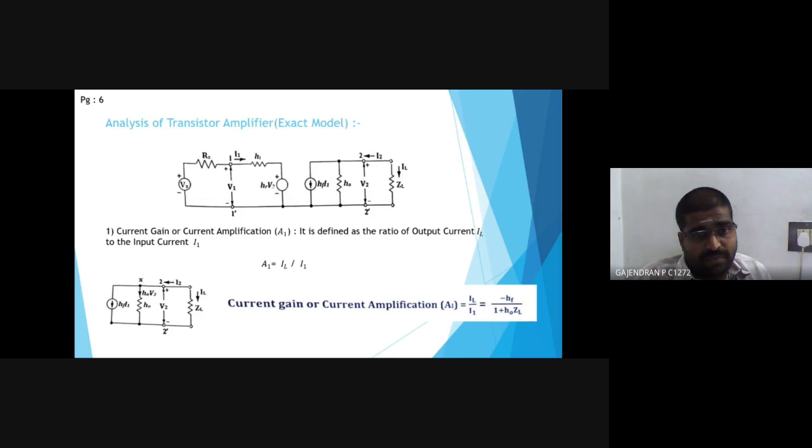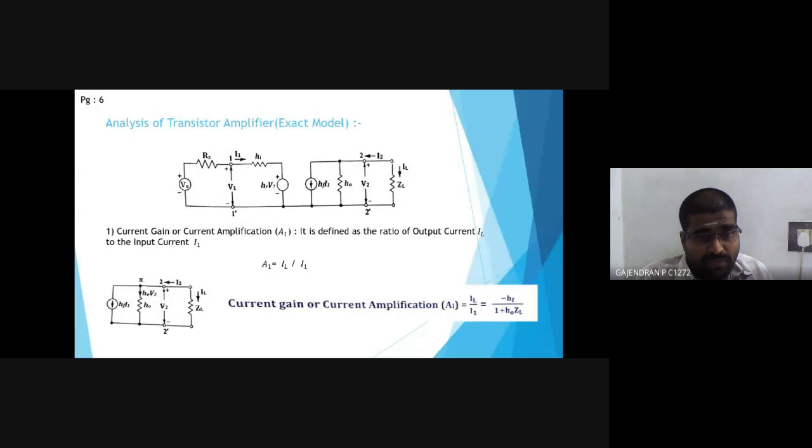As you can see, it's the exact model diagram of the transistor. First we're going to talk about current gain or current amplification. It is defined as the ratio of output current to the input current. Output current means IL, the load current, since we connect the load at the end, so we consider it as the output current.